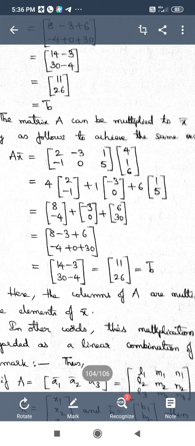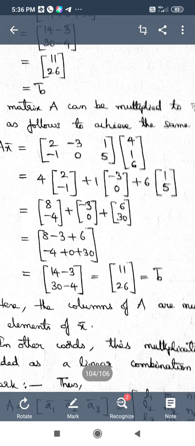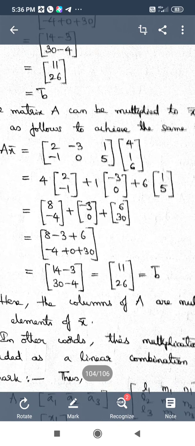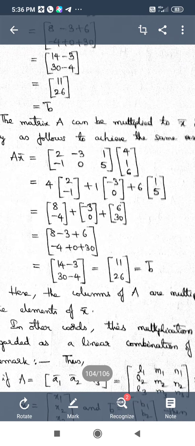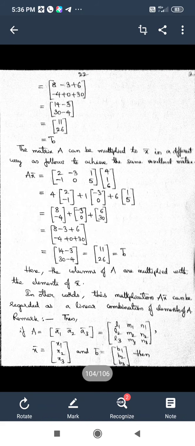Instead of following the usual process of matrix multiplication, if we just change the multiplication as a linear combination of vectors by the scalar multiples taken from the matrix X bar, we can see A x bar is again equal to B bar. So here the columns of A are multiplied with the elements of X bar. In other words, this multiplication A x bar can be regarded as a linear combination of columns of A with the scalar multiples from the elements of X bar.